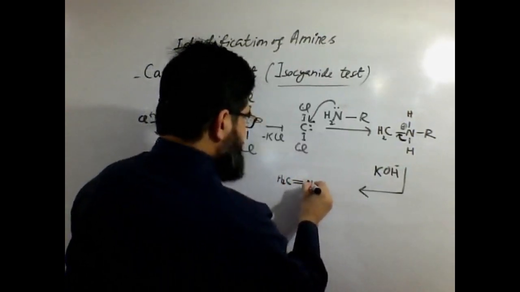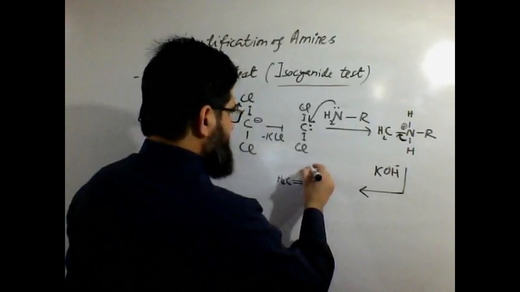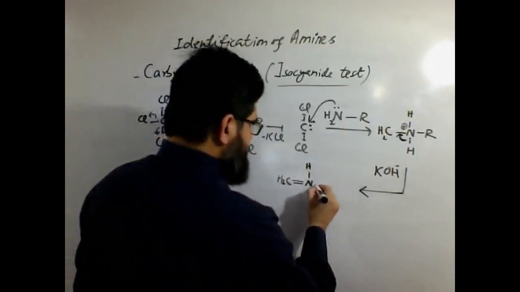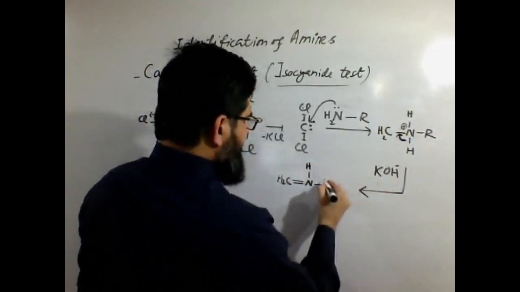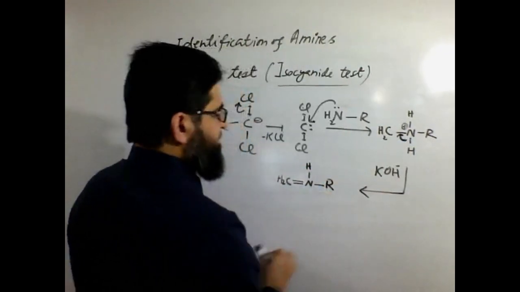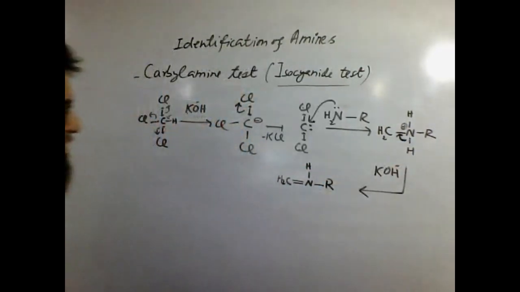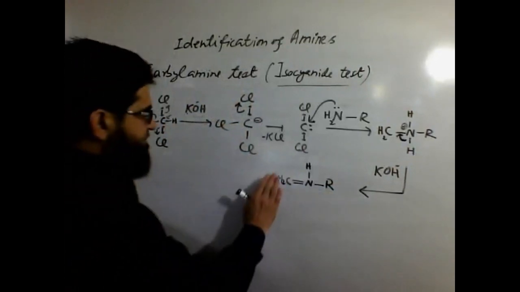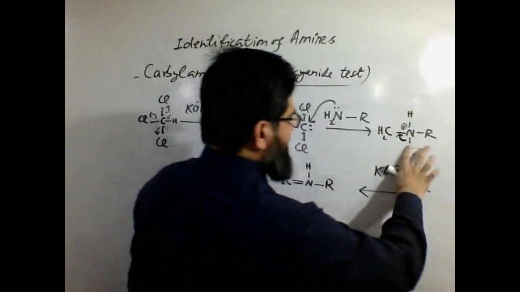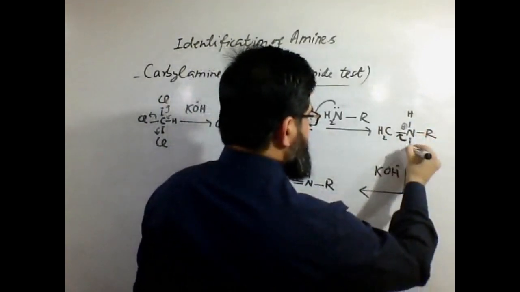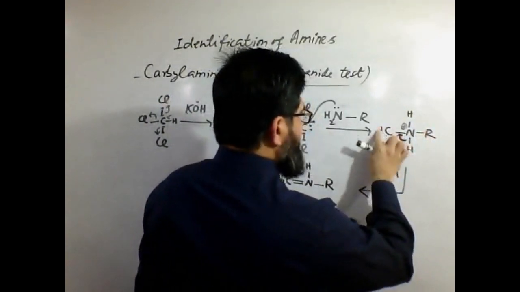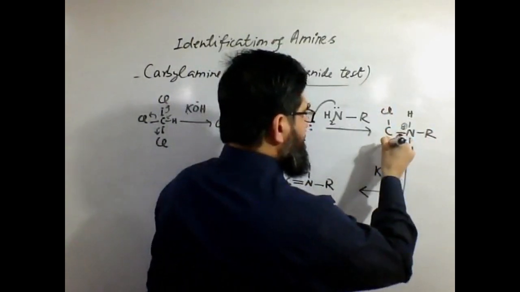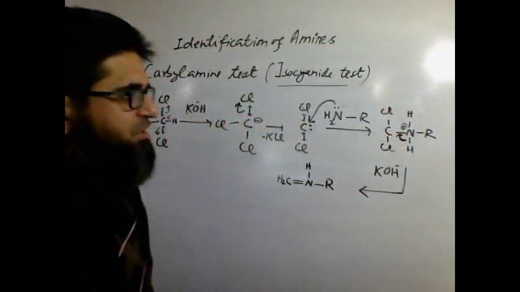So what happens then, you will have CH2, we will have a nitrogen over here, something like that. We have an R here, one of the protons has been removed. I'm sorry to say, these are not the protons, these are the protons, but here we have 2 chlorines attached to the carbon.